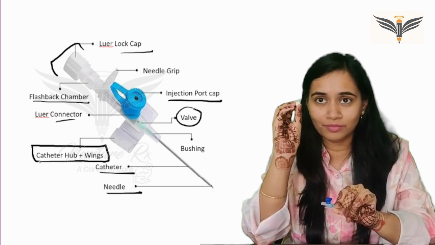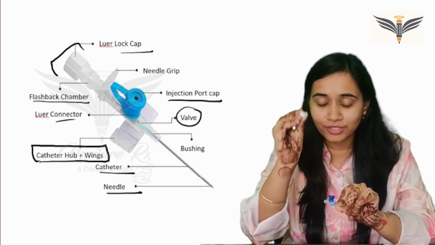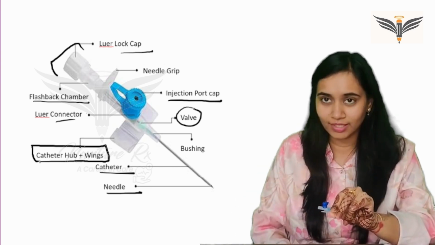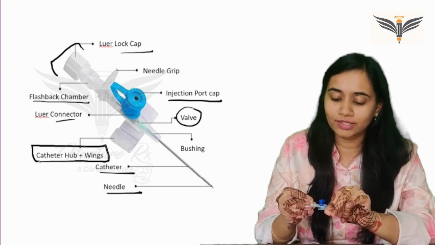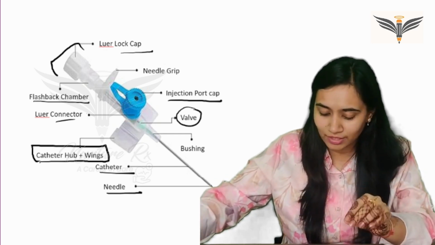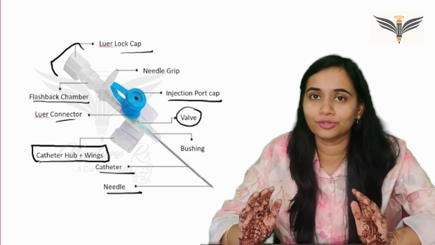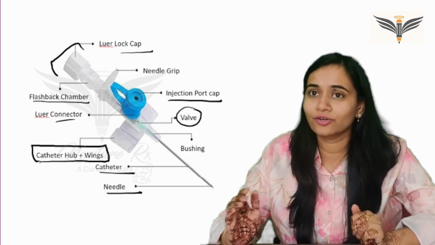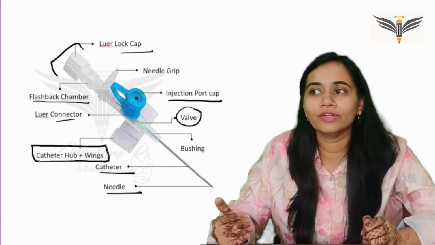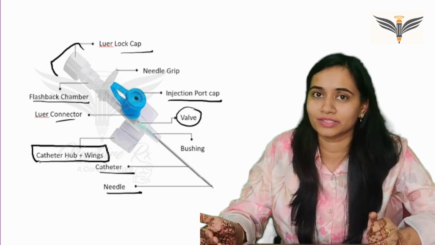Your luer lock comes back into action. You secure this cannula with this luer lock. Okay. So these are the parts of the cannula that you need to know. In the next class, we are going to discuss the color coding of the cannula and which cannula is used for what purposes. Thank you.